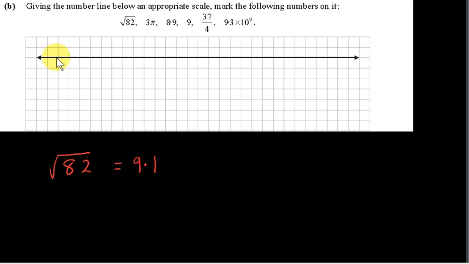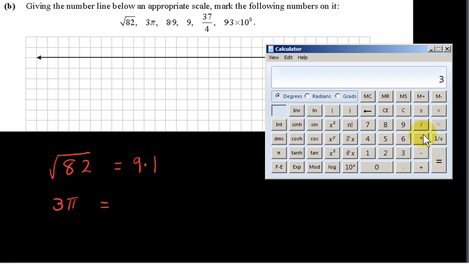So I'm going to use each of these squares to represent 1 decimal place. Or you could actually use 2 squares to represent 1 decimal place. That might be even better. We cannot take this to 2 decimal places, because then we would need 100 units along the length of this line to represent numbers to 2 decimal places, because we could have 100 possibilities.